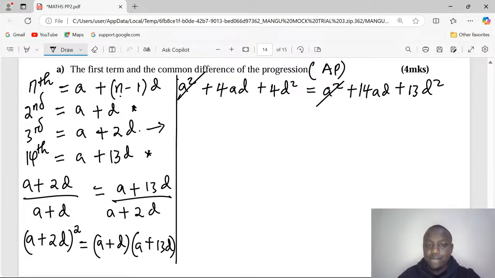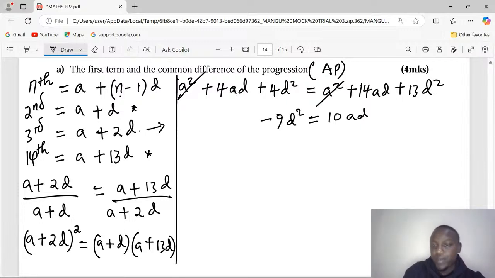Then we can have 10AD, because 14 minus 4 AD becomes 10AD. On the other side, we will have a negative: 4D squared minus 13D squared, which is negative 9D squared.